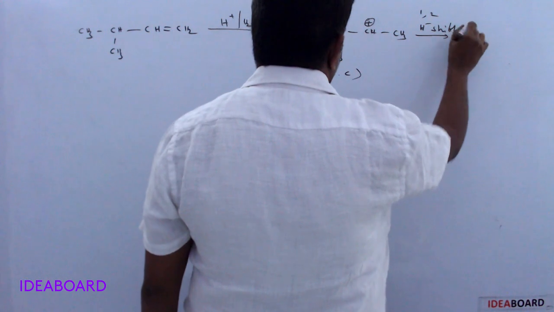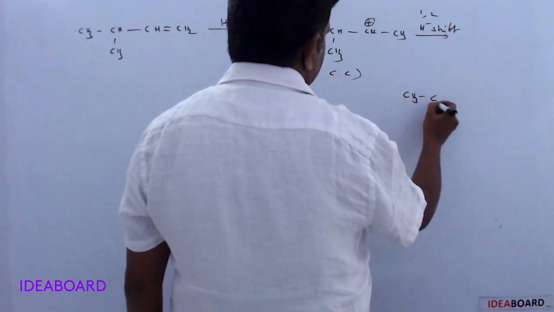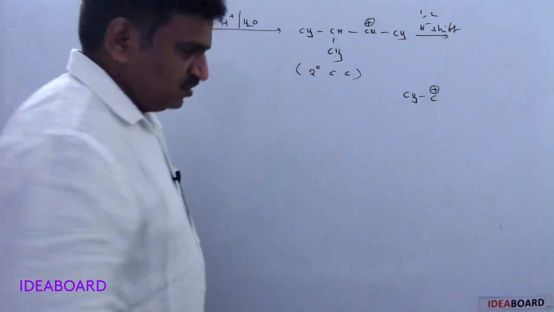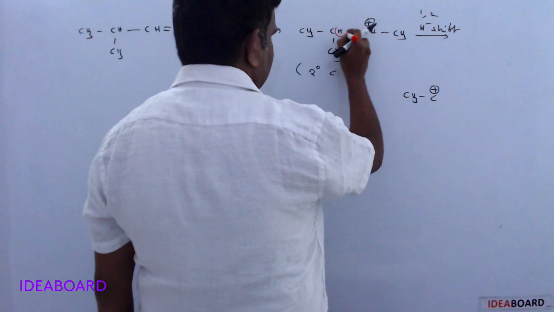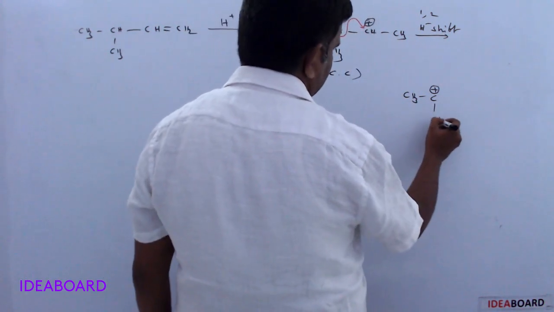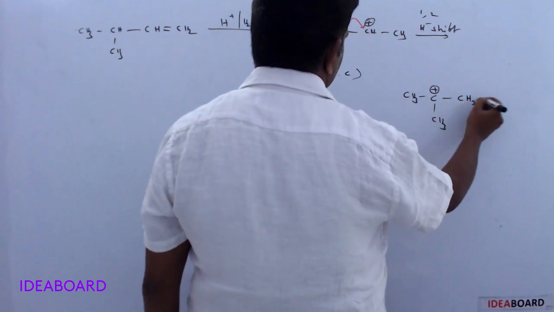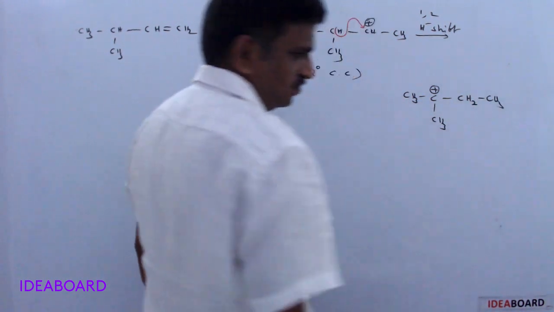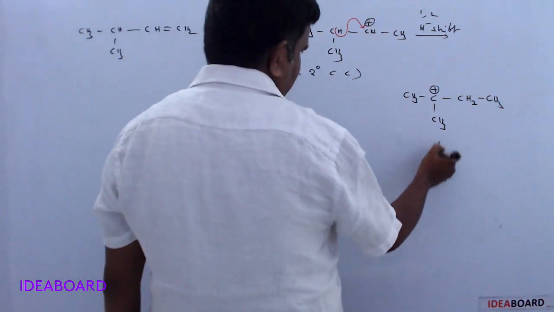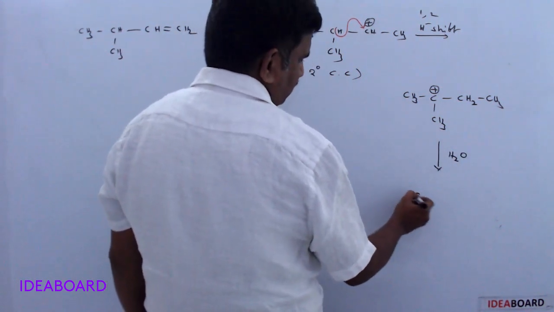By the 1,2 hydride shift process, it gives CH3, C plus, as this hydrogen is shifted onto this carbon atom, and so this forms the positive charge, with CH3, CH2 and CH3. So that is how the hydride shift occurs. After that, with the attack of H2O, what is the final product?